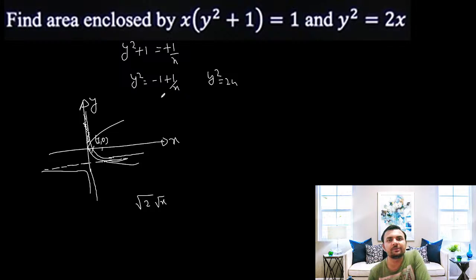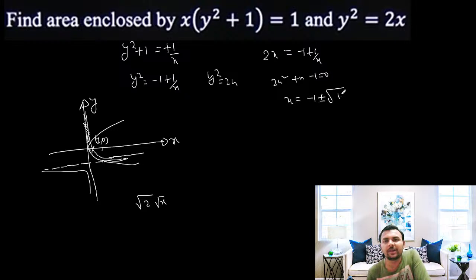Their intersection we'll have to check. The intersection will be at y square equal to minus 1 plus 1 by x, and y square equal to 2x. So 2x equal to minus 1 plus 1 by x. So 2x square plus x minus 1 equal to 0. So x equal to minus 1 plus minus root under b square minus 4ac by 2a.